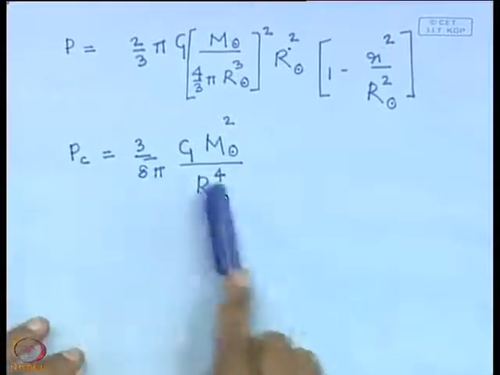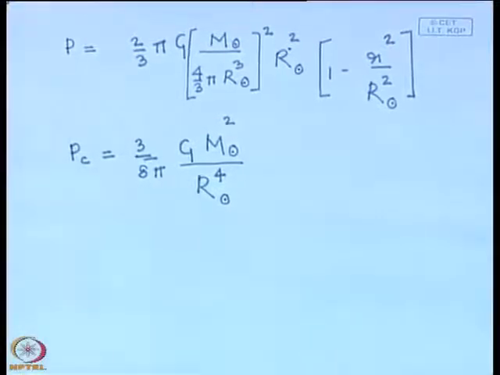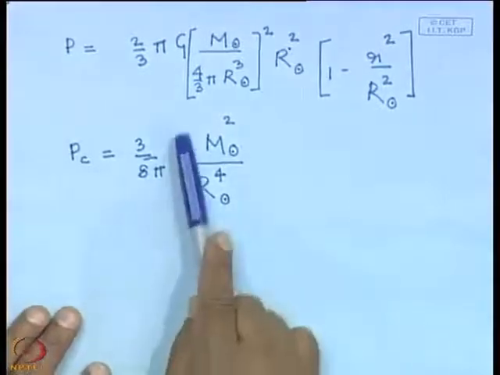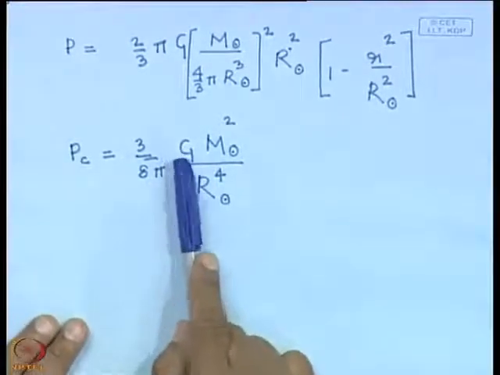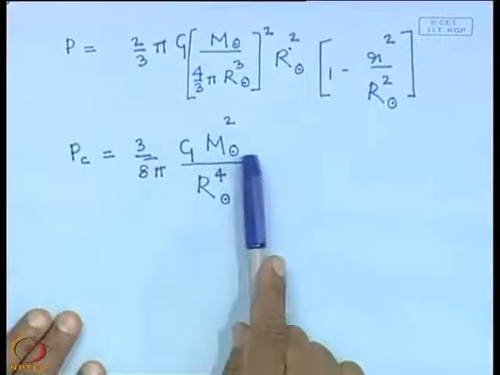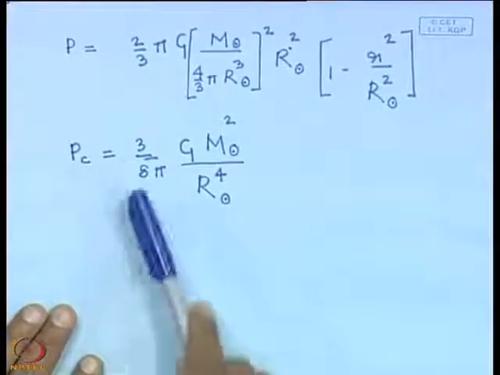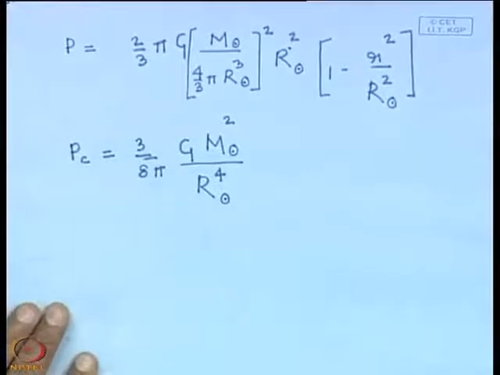Okay, so we have an estimate for the pressure at the center of the sun, and it is expressed in terms of just the Newtonian, the universal gravitational constant, the mass of the sun, and the radius of the sun. It depends on just these 3 things, and there is a numerical coefficient outside.